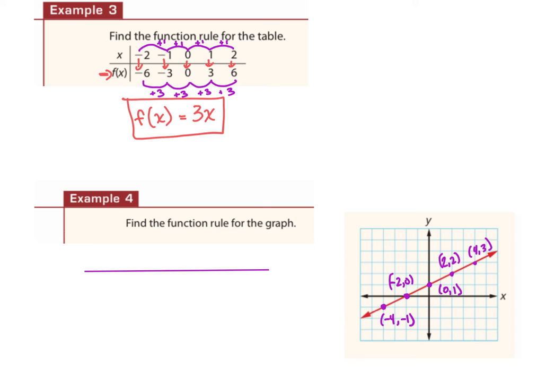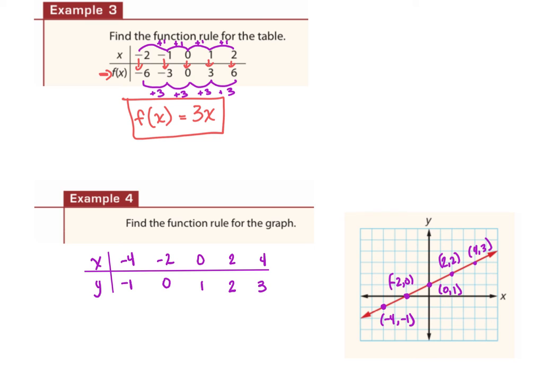So I'm going to say I have my x's here and my y's here. When x is -4, y is -1. When x is -2, y is 0. When x is 0, y is 1. When x is 2, y is 2. When x is 4, y is 3.